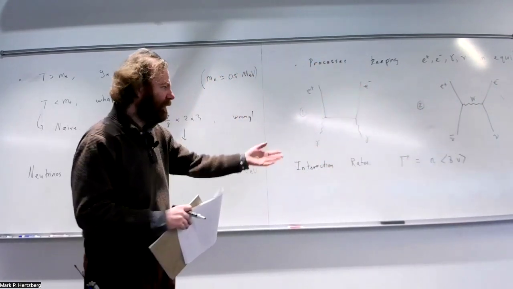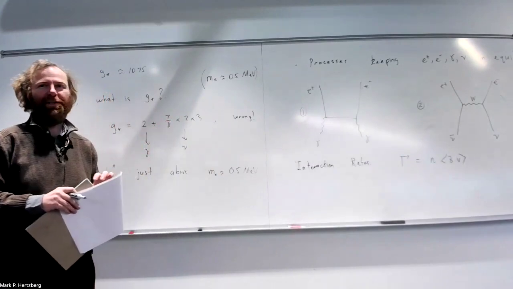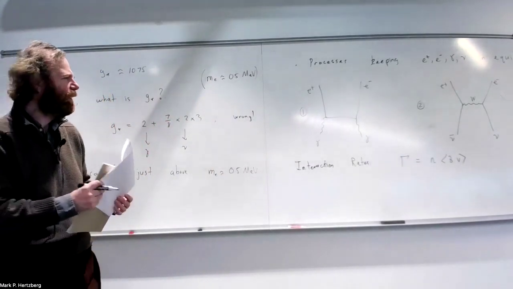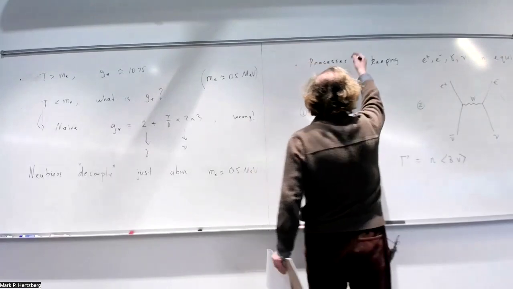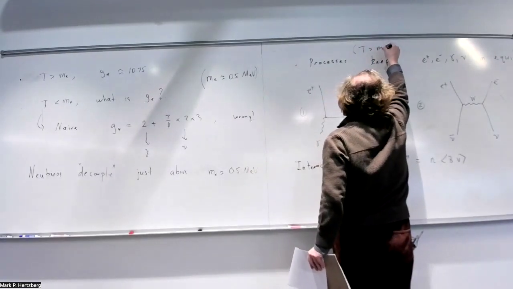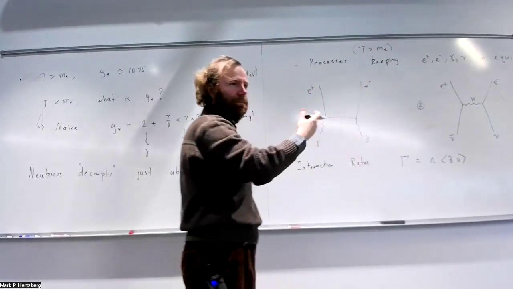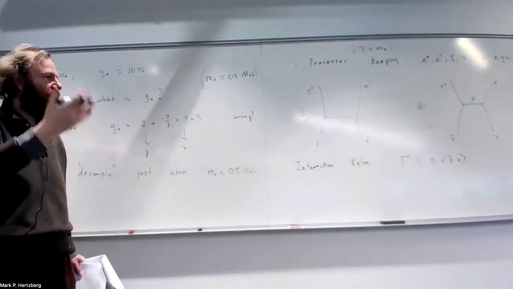When everything's relativistic, that v is just 1, so we don't have to pay too much attention to it. So let's begin our thinking for T above m_e, so everything's relativistic. I'm going to start above the electron mass.